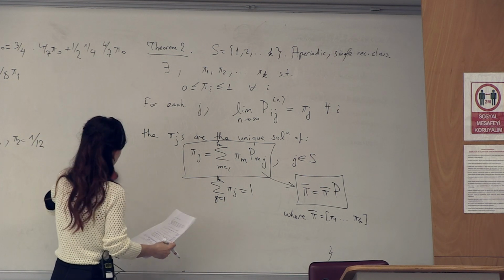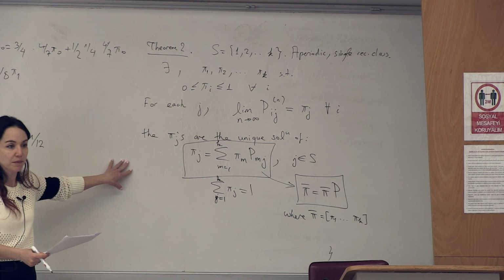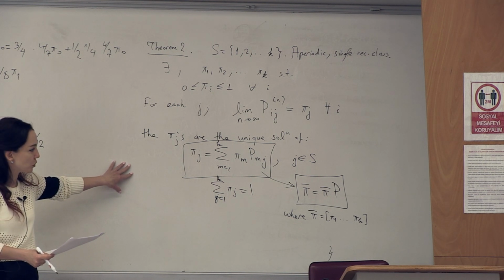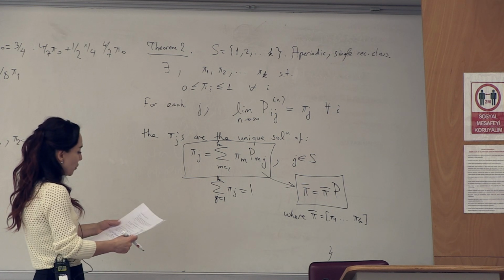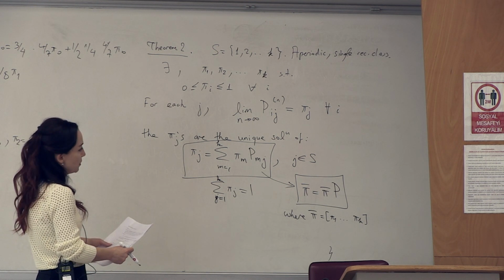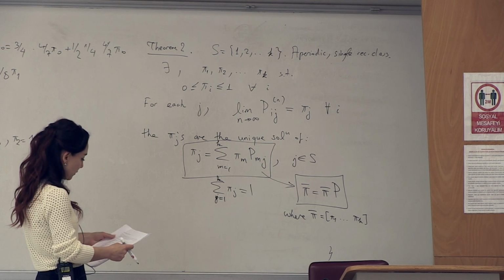This is a theorem, and we leave the proof of this theorem outside the scope of this course. But we are going to list now some properties or remarks related to this result.